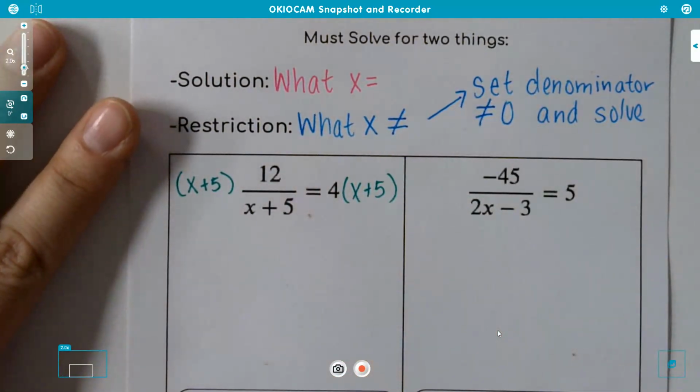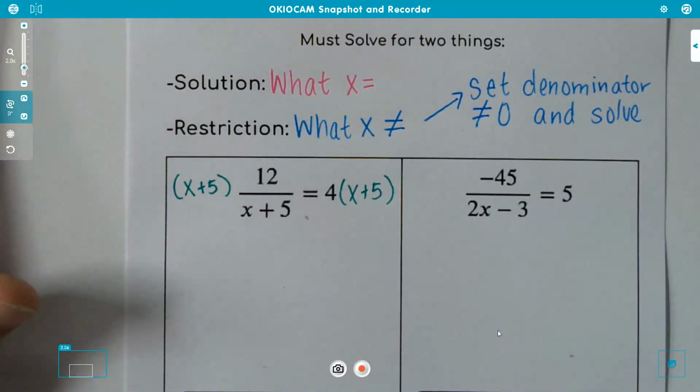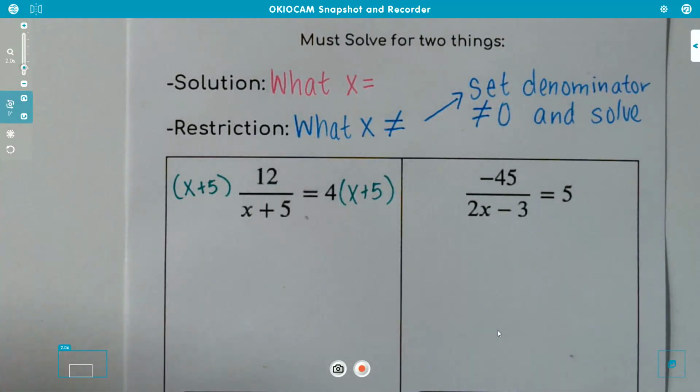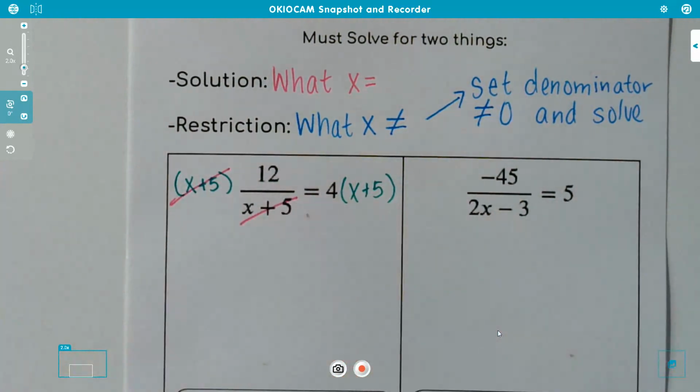And I am going to put it in parentheses because it needs to stay together. So the fraction bar keeps it together, but once I take it out of the bottom, I need to put it in parentheses to keep it together. Okay, so then what we are able to do is this x plus 5 and this x plus 5 would reduce down to 1 and not be there anymore.